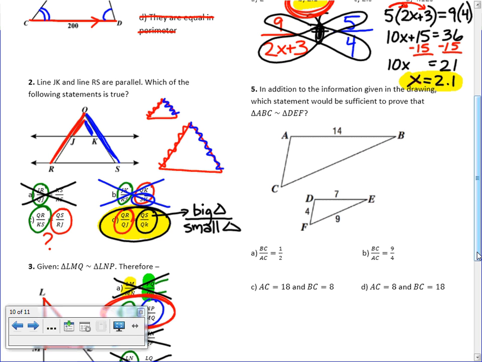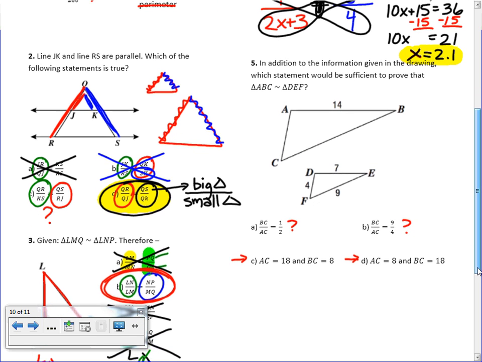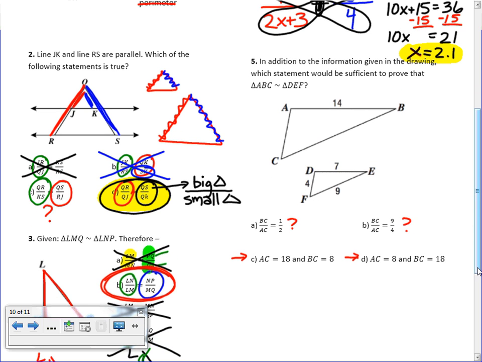Okay, so looking at the answer choices here, A and B are like, what? I'm going to come back to those. What I notice here, with C and D is that they're labeling the other pieces of triangle ABC. And if they label those accordingly, then this might work.